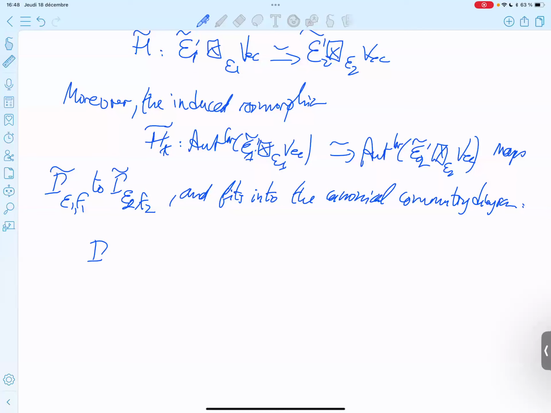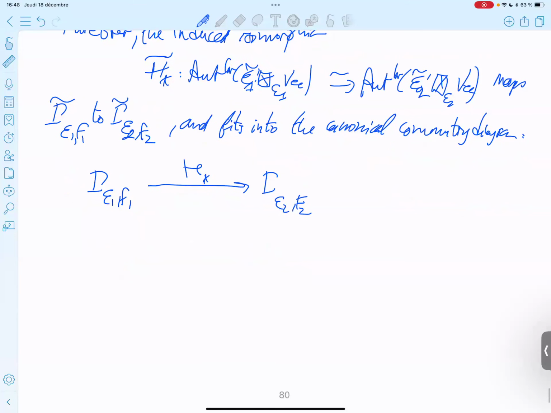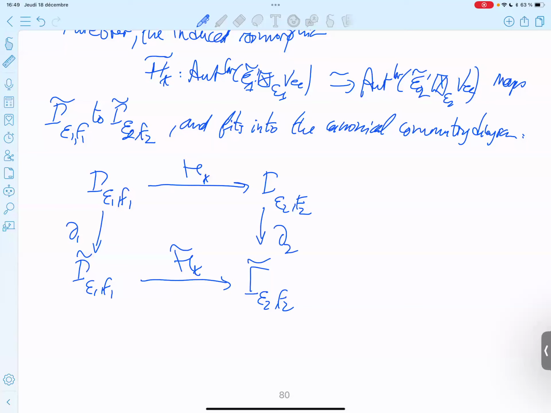So gamma E1 F1, H star gamma E2 F2. And here you have an epimorphism, gamma E1 tilde 1, H star tilde gamma E2 F2 tilde. And the other epimorphism.